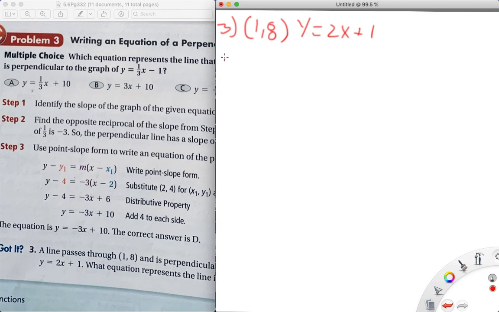So the first step is to find the perpendicular slope. We know that perpendicular slopes are negative reciprocals.